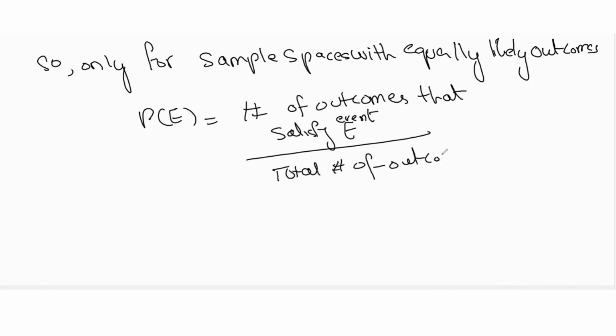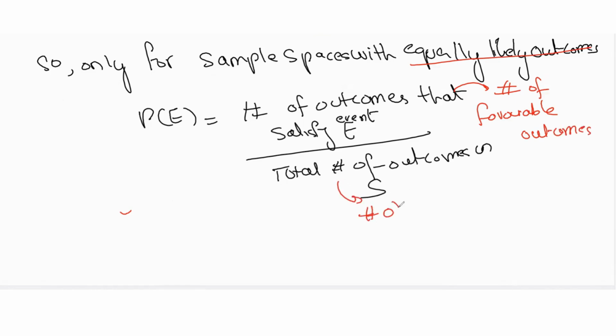So only in that case you can compute the probability as this. So this definition, using number of favorable over total possible outcomes, only works when the sample space has equally likely outcomes. This is very important. So you can only compute probability as number of favorable outcomes by number of total possible outcomes if your sample space has equally likely outcomes. Right? And this happens when you have a fair coin, fair dice, and so on.